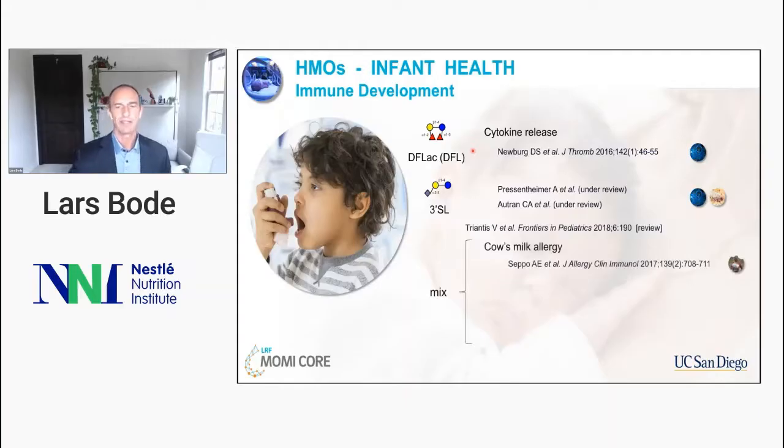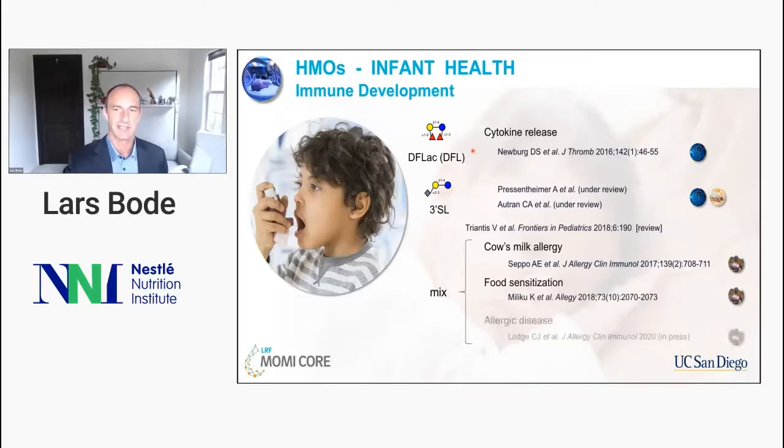Very important here is to see that in the cohorts that we've done, we very often see that it's not an individual oligosaccharide that is associated with outcome when it comes to the immune response, but really a mix of different oligosaccharides, either being associated with cow milk allergy, with food sensitization, or with allergic disease, short-term and long-term. And here we looked all the way out to 18 years of age. So it seems to be a mix of oligosaccharides being responsible.